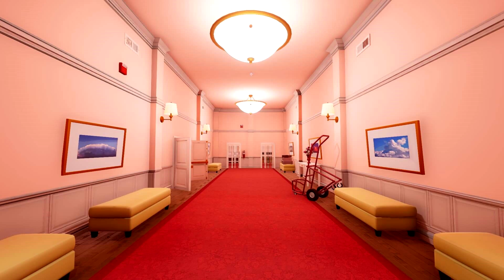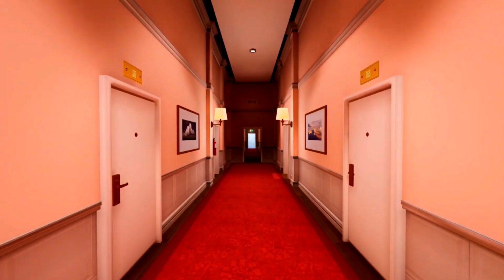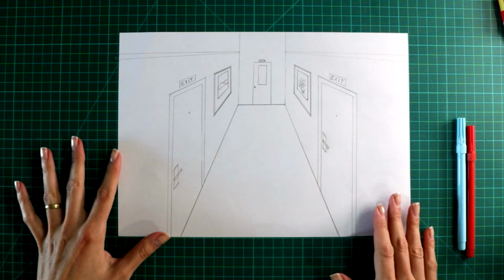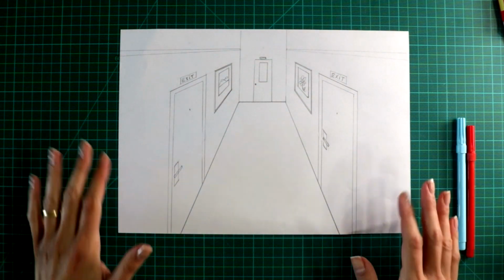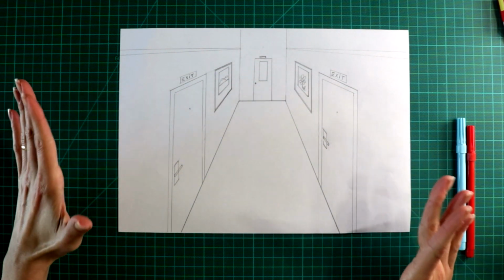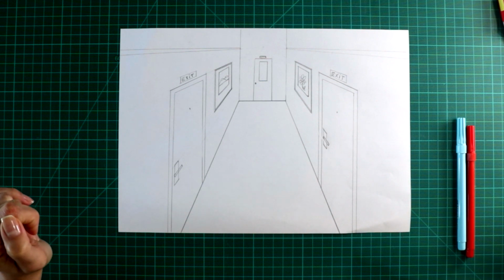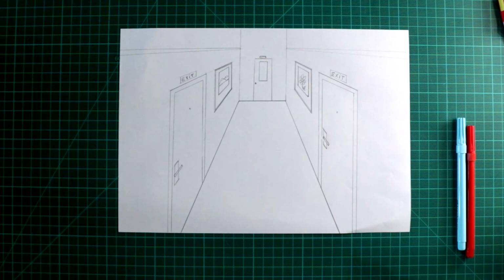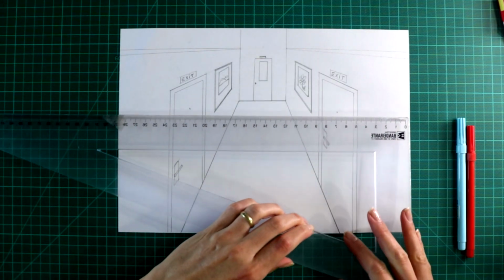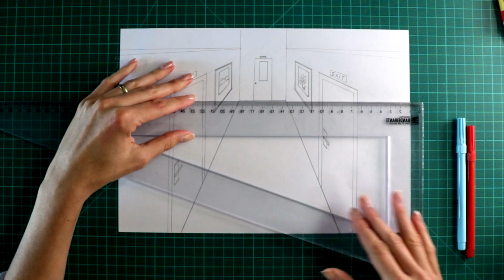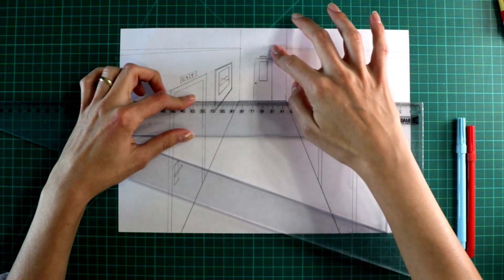Now let's get artsy. Today we are going to create a one-point perspective room inspired by the game Superliminal. So let's start. First of all, where is the horizon line? Horizon line, remember, is the line that separates land from sky.